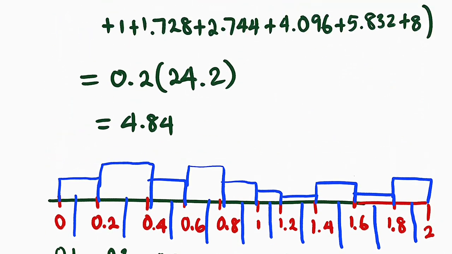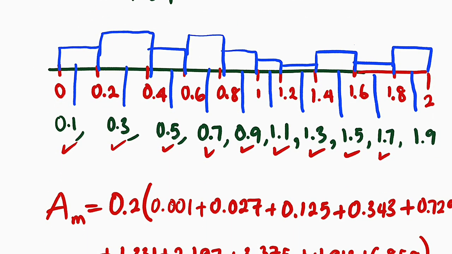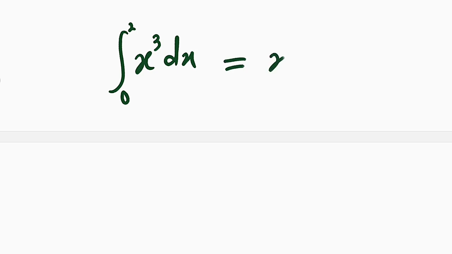But this time around, I'm going to take the actual definite integral to see which area is being overestimated, underestimated, or closer to being accurate. So the actual area will be the integral from 0 down to 2 of the function x to the power of 3 dx. If you integrate this, it will be x to the power of 4 divided by 4, right? Because you have to increase this by 1 and divide by the new exponent.